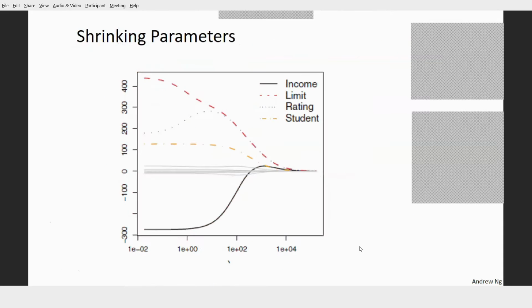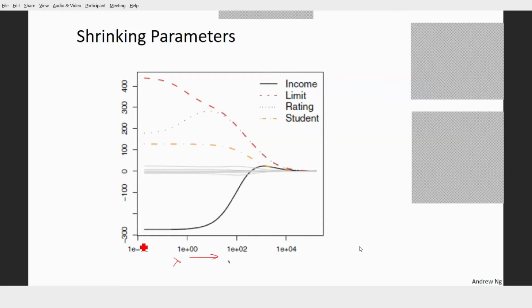Now, you see this graph, right? This graph is for the credit card data, where these are the different parameters, your different coefficients for income, limit, rating, and student yes or no, something like that, right? Now, this is the lambda axis.